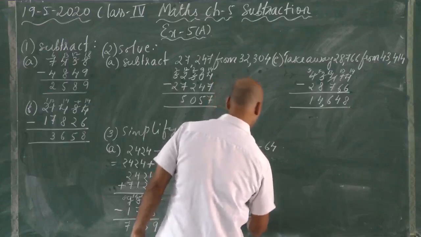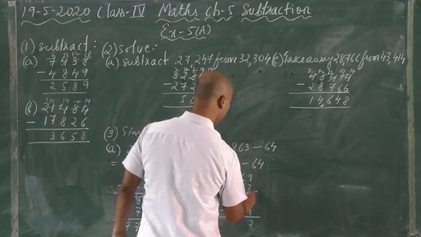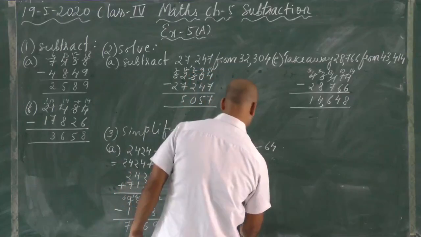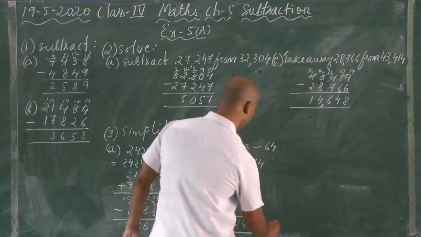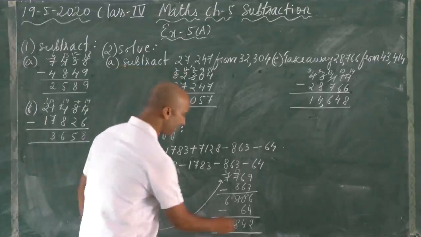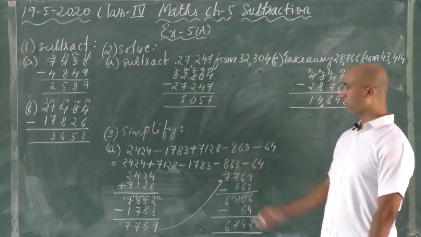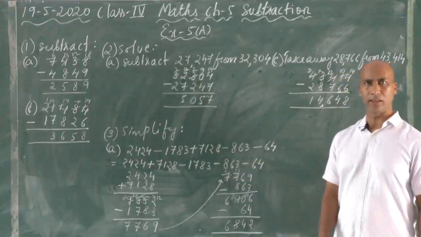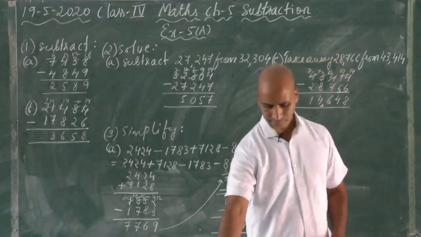From 6 to subtract 4, you will get 2. From 0 you cannot, borrow 8, so it will become 10, from 10, 6, 4, from 8, 0, 8, and from 6, 0, 6. So 6842 is the answer. Okay, so when you simplify it, this is the answer that you will get. Okay, so this is how you have to do it.